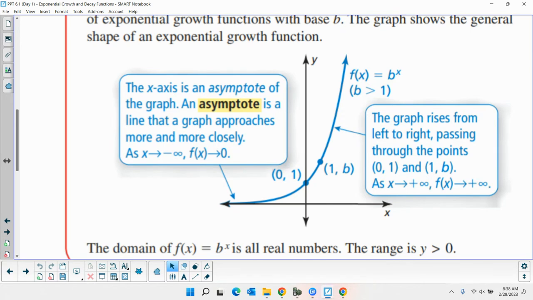But your range is always going to be a number greater than 0, because it never hits y equals 0. It gets really, really close to that x-axis, but it never actually hits it. Okay? They all look like that, the growth ones. Just a little bit different version. They might go flat a little longer, then take off. They might go flat a little shorter, then take off. Okay? But the growth ones start kind of flat on the left, and then they start going up really quick.